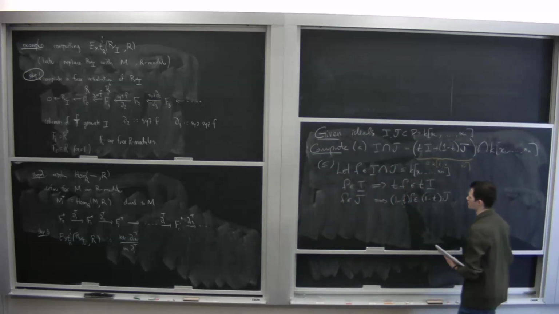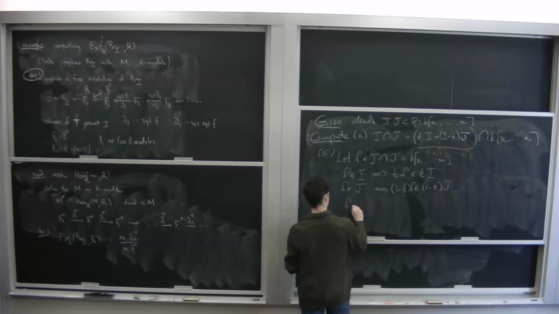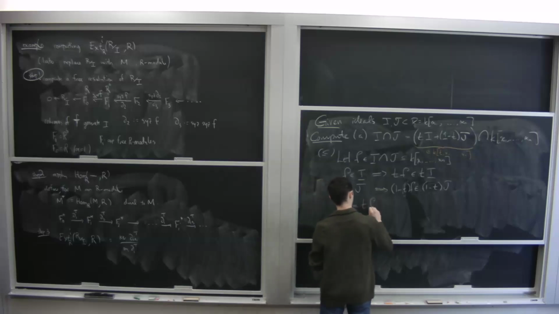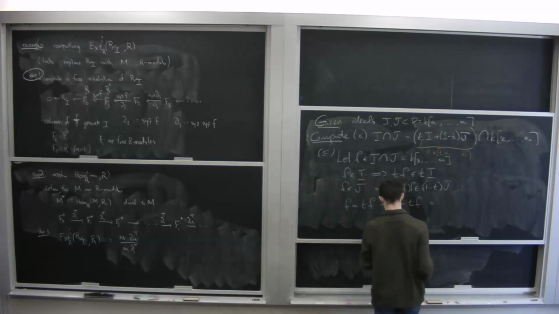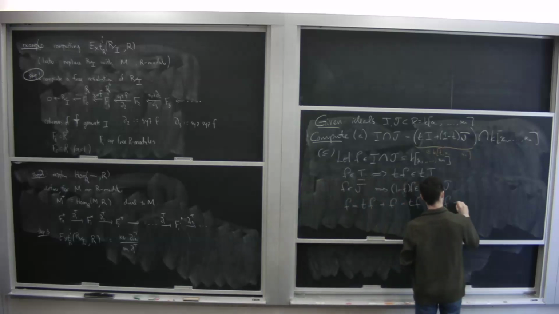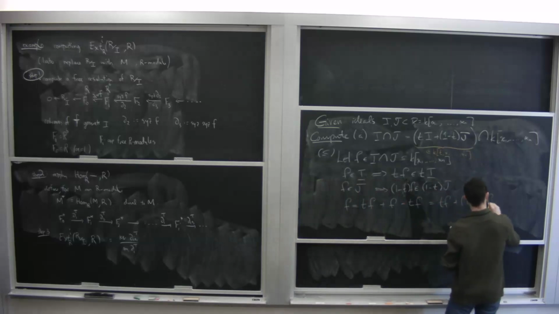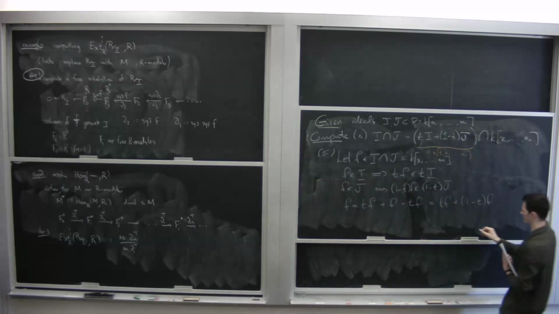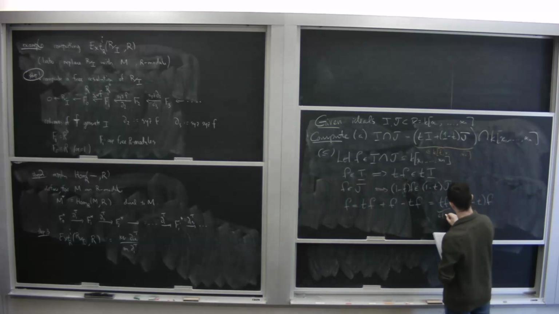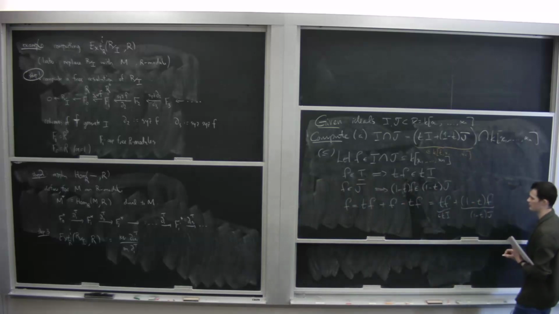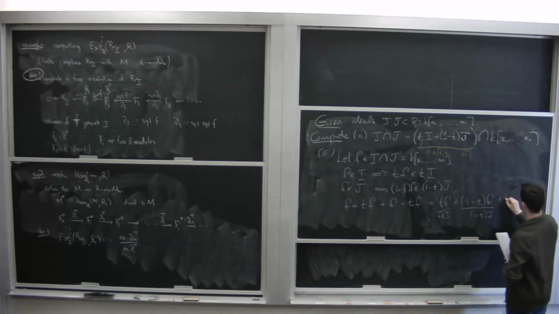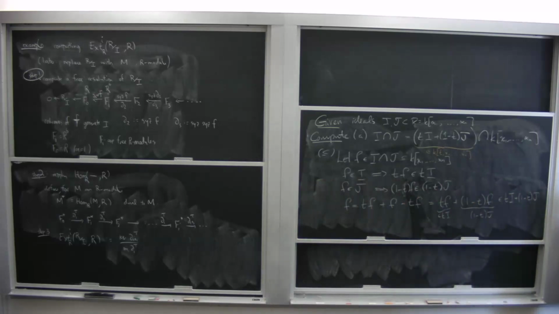And then we will write f as tf plus f minus tf, and factor this as tf plus (1 minus t) times f. This is in t times I, and this is in 1 minus t times J. So this whole thing is in tI plus (1 minus t)J, and that inclusion is done.